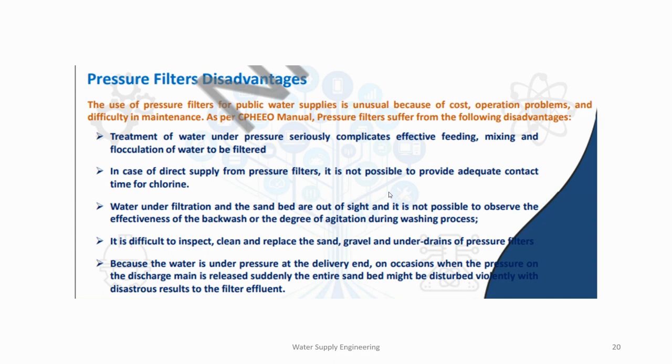So when we are chlorinating the water, we need to provide some contact time to ensure that the chlorination is effectively attained. So that won't be achieved if we are using pressure filter.